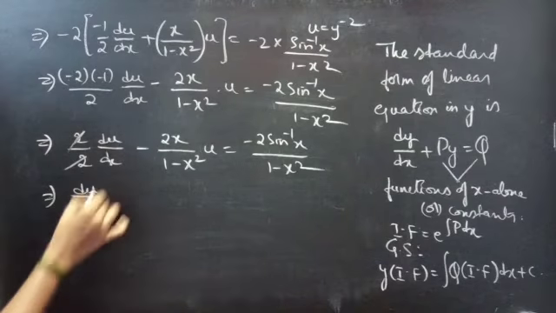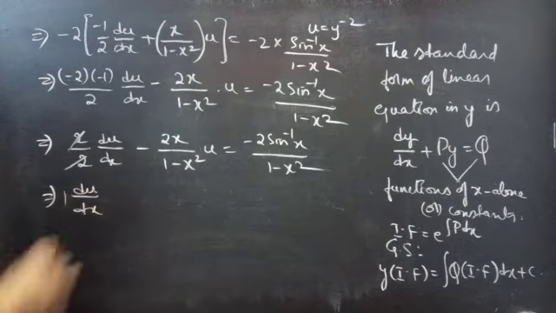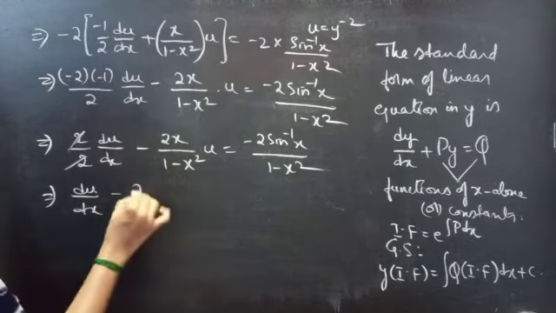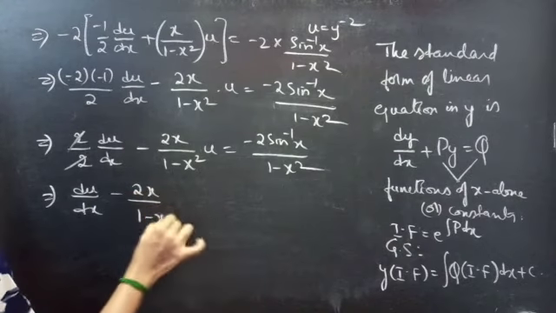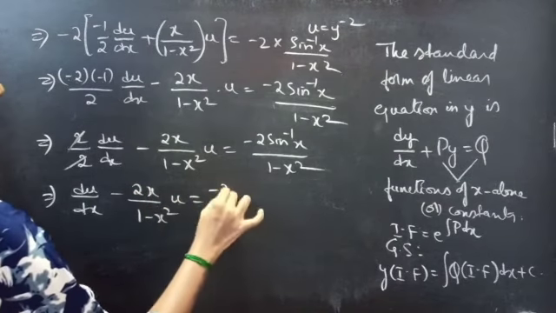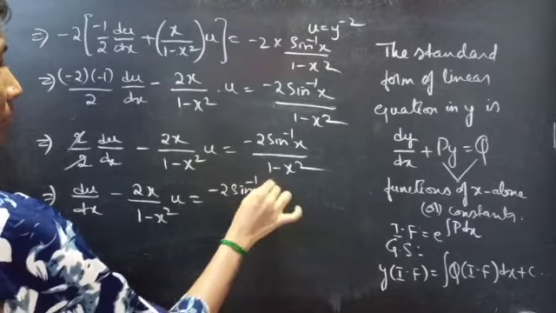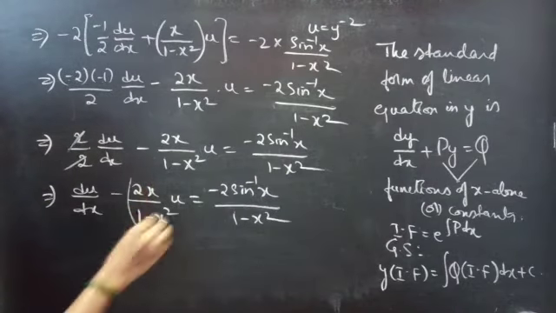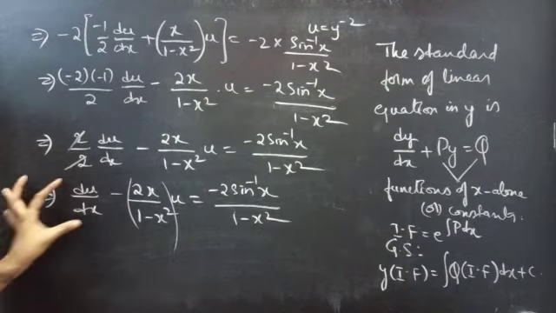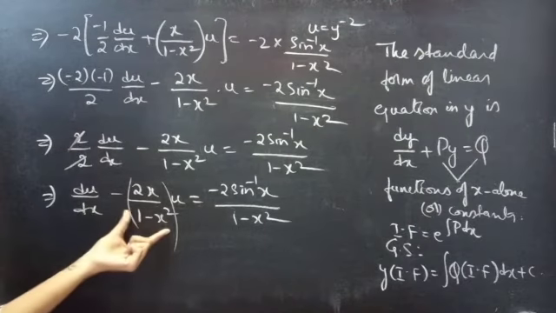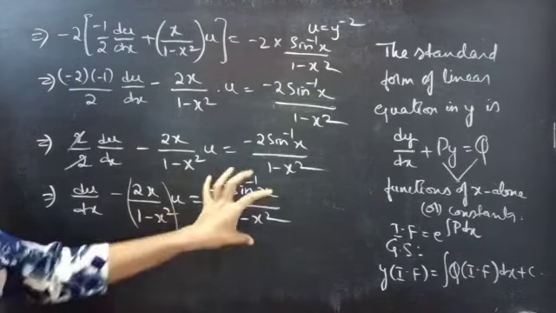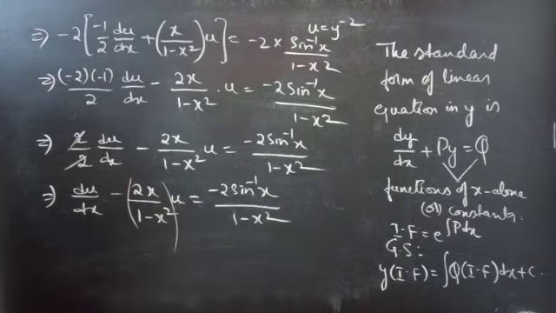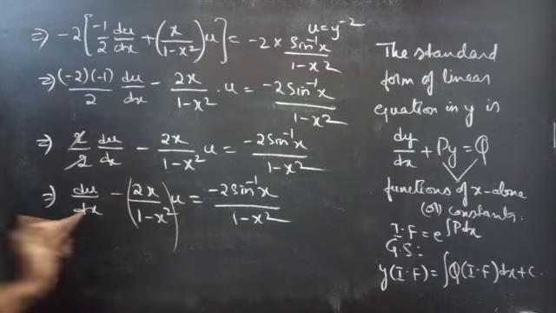Then the coefficient of du by dx becomes 1, and the remaining terms will be the same. Here you're having du by dx minus some function of x into u equals some function of x, which is linear in u and x.